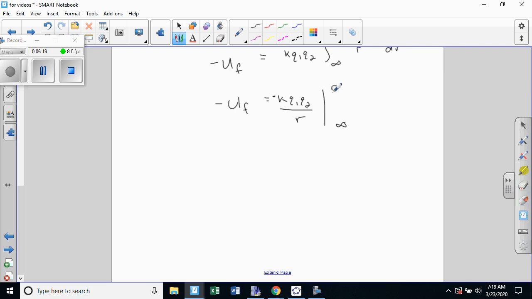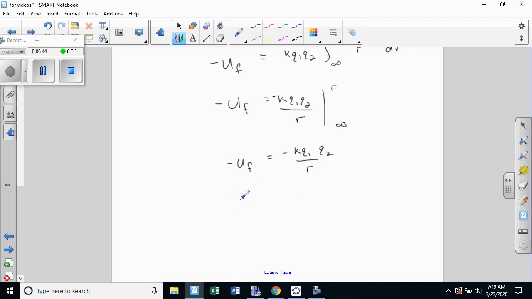Great. When I place R in here, it just becomes minus KQ1 Q2 over R. When I put infinity in the denominator, a very, very large denominator is going to make that essentially 0. So I get minus UF is equal to minus K Q1 Q2 over R.